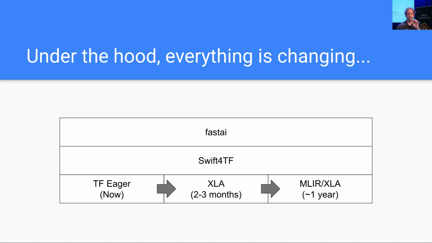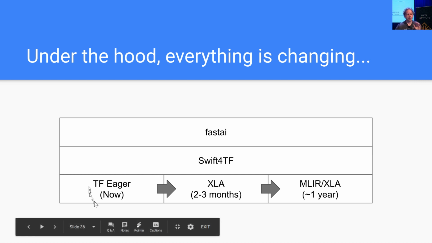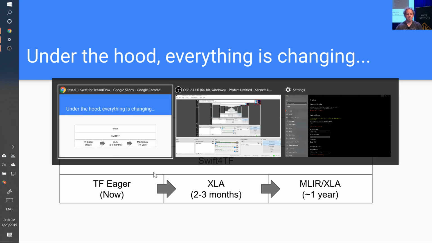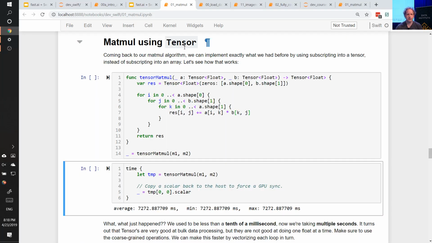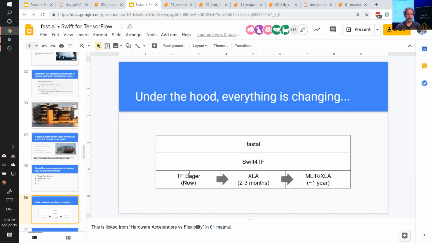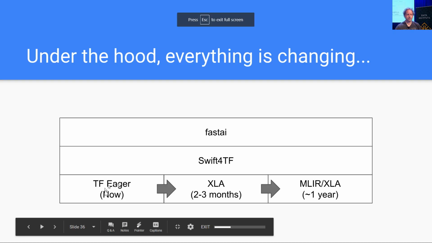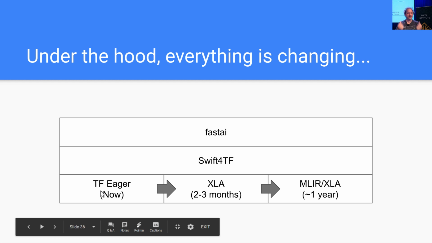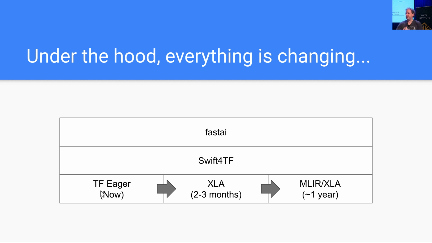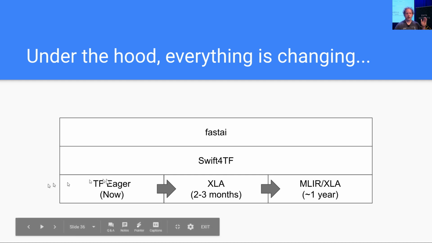But the good news is that what's happening at the moment, and the reason we're seeing this speed, is that behind the scenes, Swift for TensorFlow is using TF-Eager. And this is a great choice because it lets us do this course, it lets us say here's how you use it, we can build things on top of it, whilst the real stuff is being built behind the scenes.